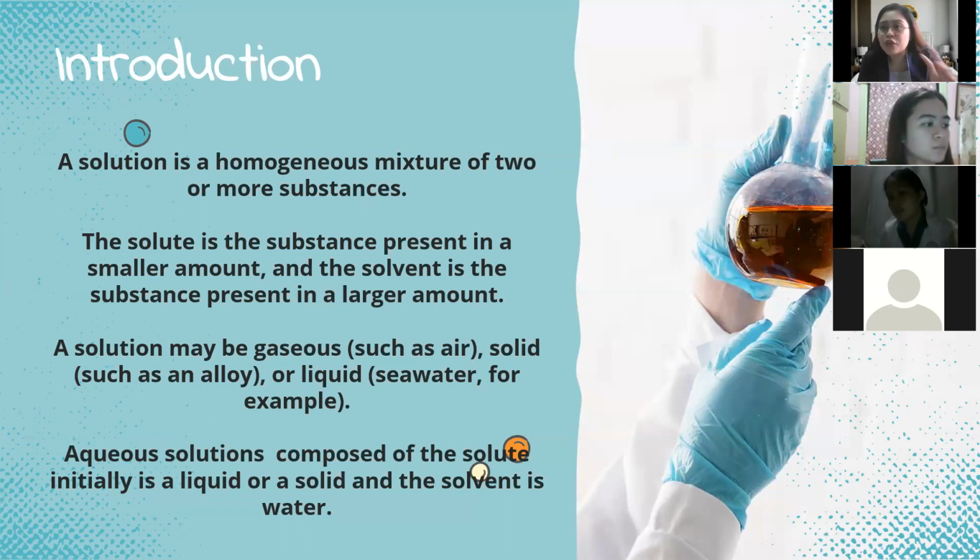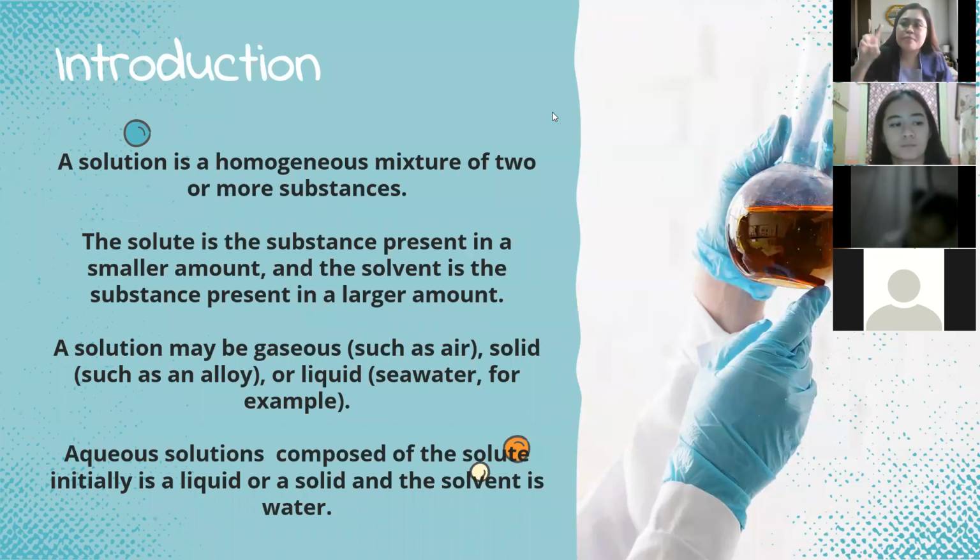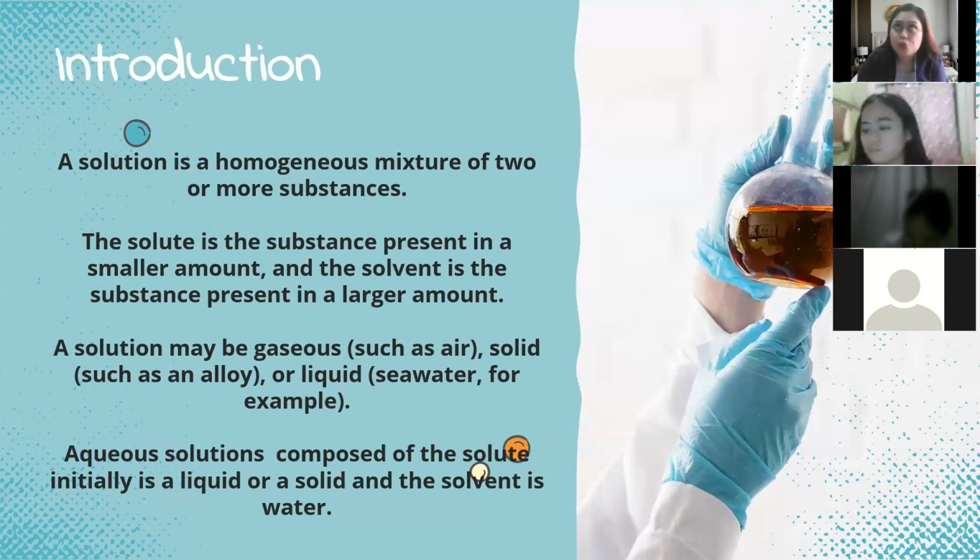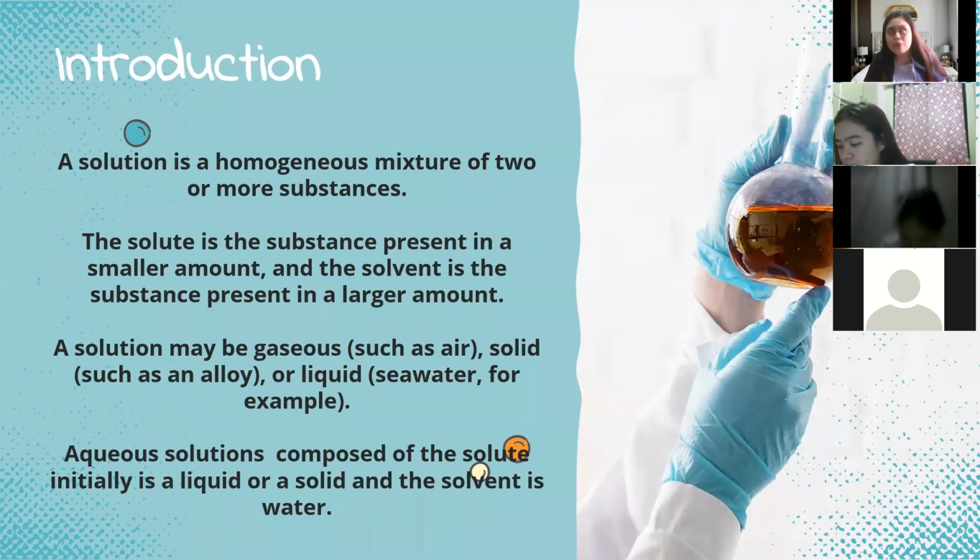Why is it a mixture? Always remember also, when we say solution, we have two components: the solute and the solvent. Now, how do we differentiate the two? The solute is present in smaller amounts, and it is the one being dissolved. Again, the one that is being dissolved is called the solute, and most of the time it's present in smaller amount.